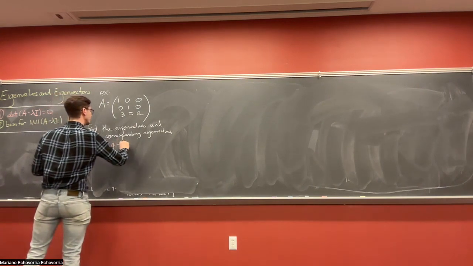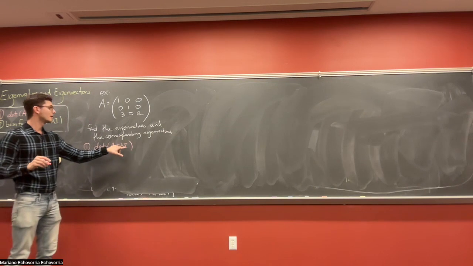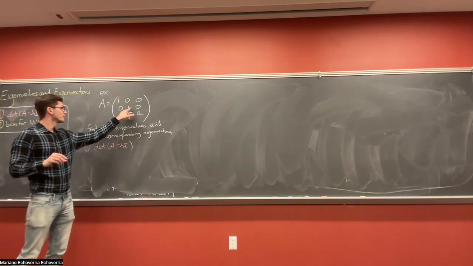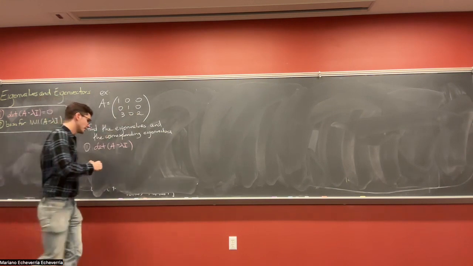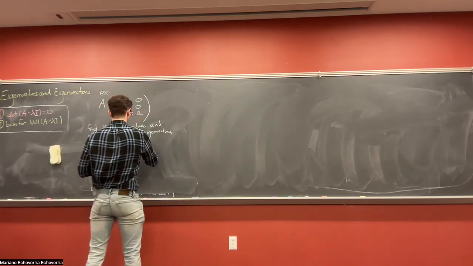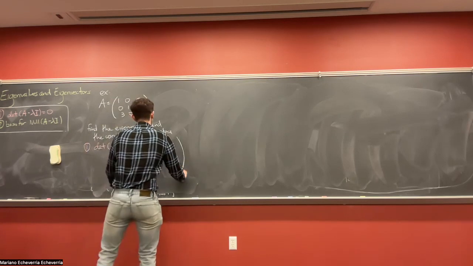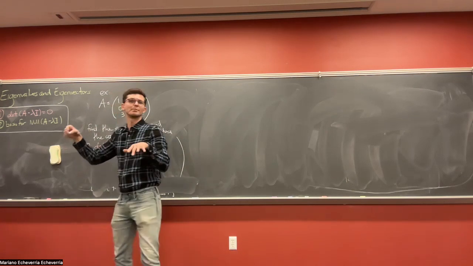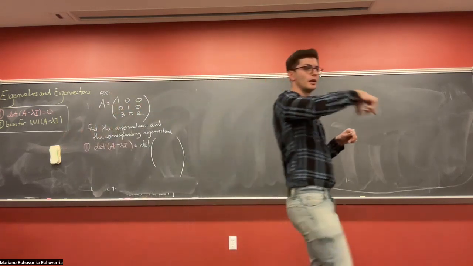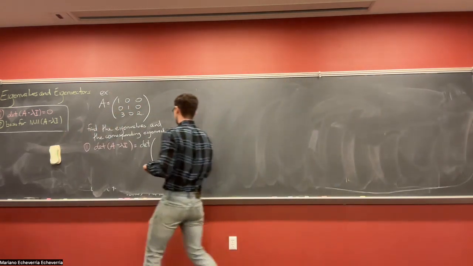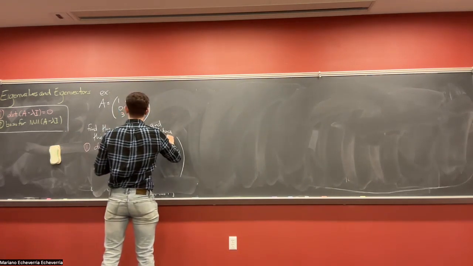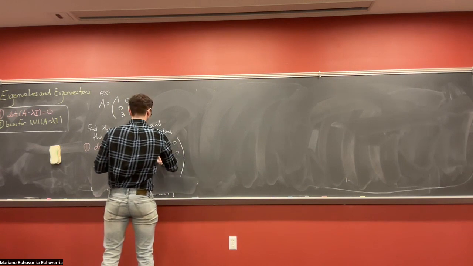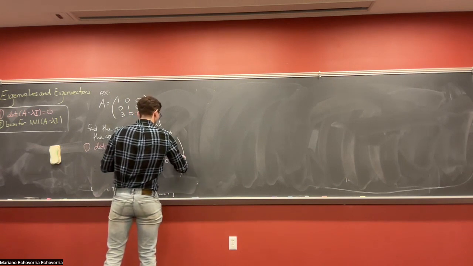What does this mean? It means you're subtracting lambda times the identity, so you're subtracting lambda from each entry of A along the diagonal. This is the determinant of the same matrix minus lambda along the diagonal. So it's 1 minus lambda, 0, 0; 0, 1 minus lambda, 0; 3, 0, 2 minus lambda.